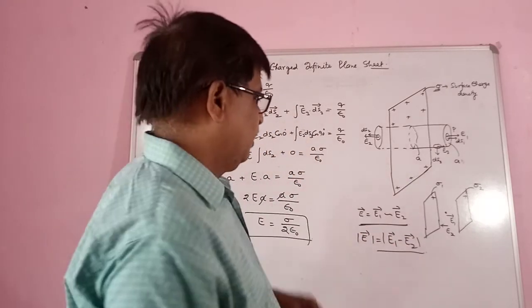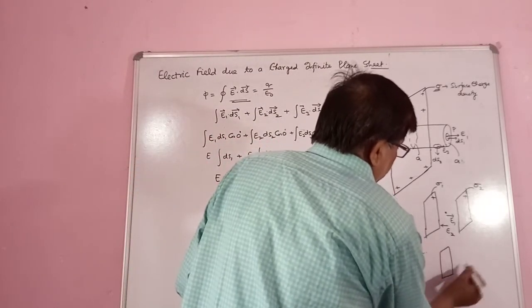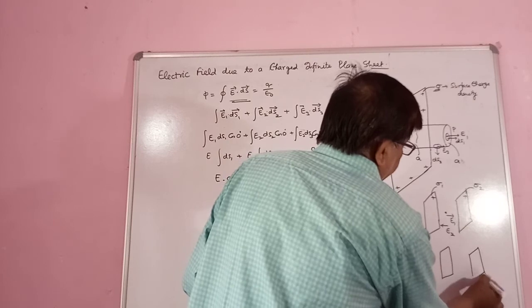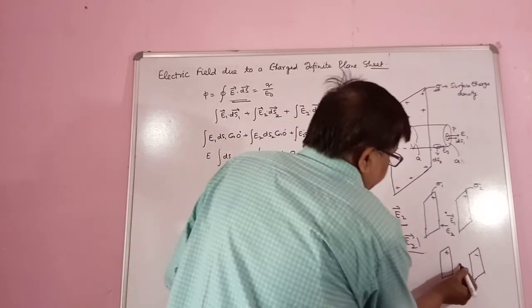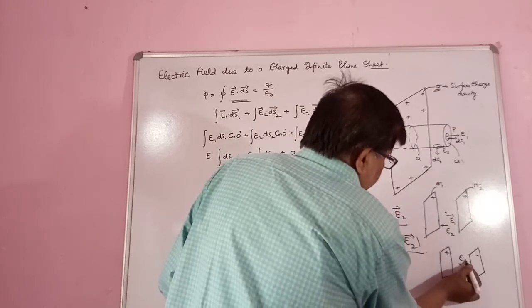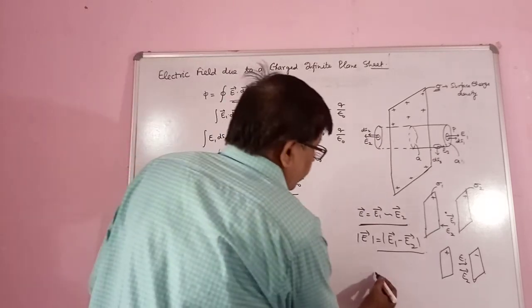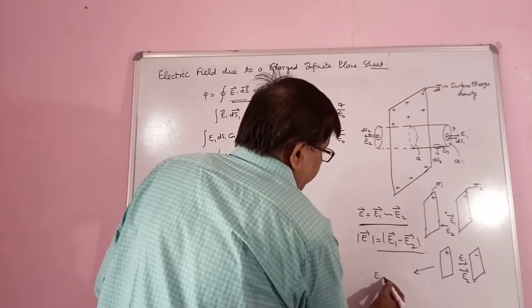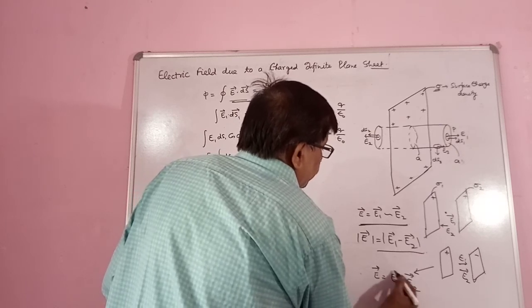Next case, suppose these are of opposite type. This is positive type, this is negative type. So direction of E1 is this and direction of E2 is also this. So net electric field in this case will be E equal to E1 plus E2.